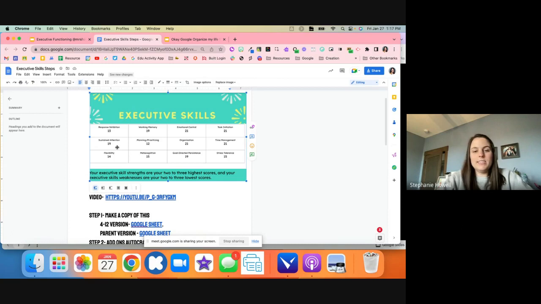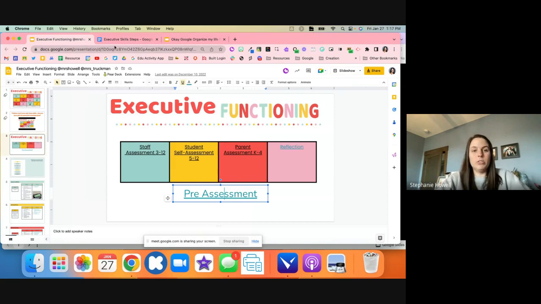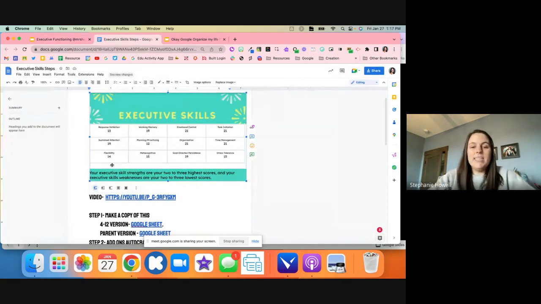And so then they can see where they are struggling and which areas are their strengths. And then you're able to take that information and put it into different categories of executive functioning. And then you are able to use those resources and go, okay, the majority of my class needs help with organization based on our results from this test.